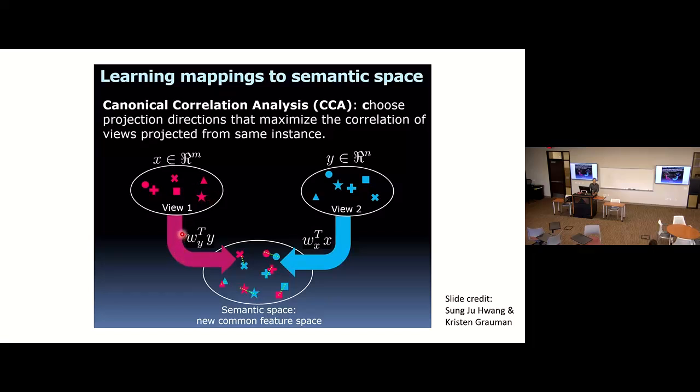Same as PCA, you apply a rotation matrix to rotate your data points, and you also rotate the other view. You find two rotation matrices at the same time. You want the projections onto the same space to have the largest correlation.